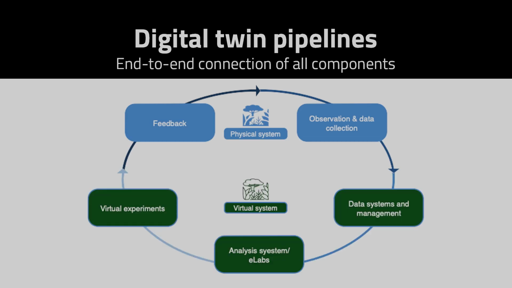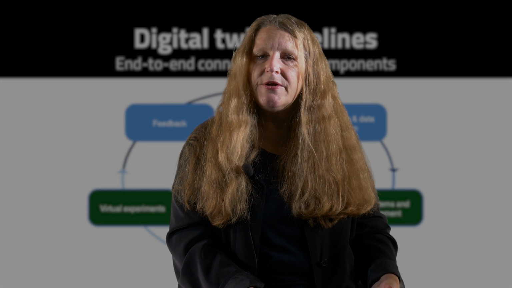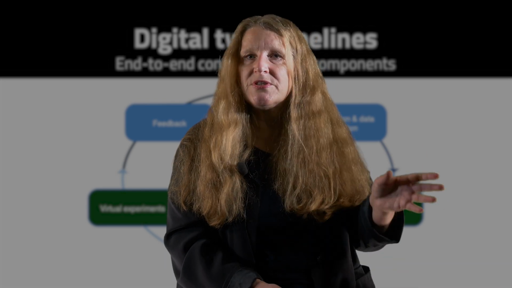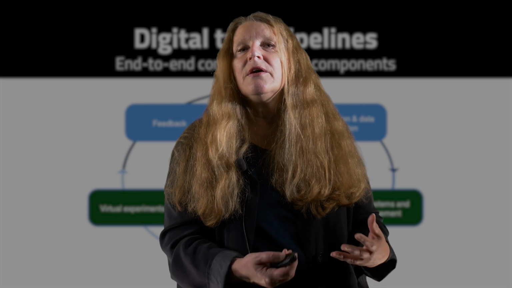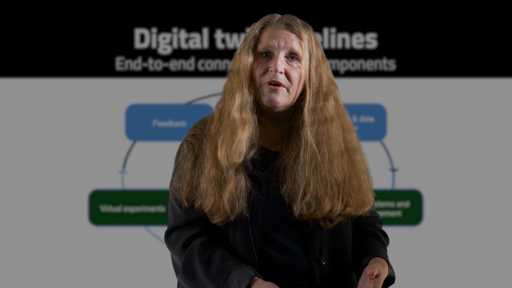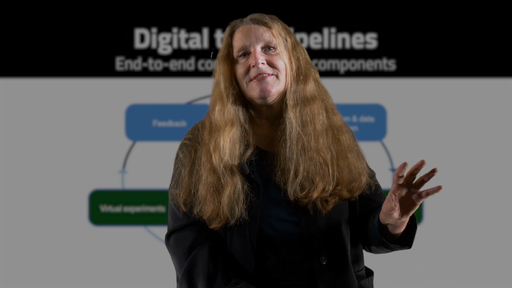Now, let's look at a couple of examples of data pipelines in digital twins. You see the standard setup. You have observations, you recognize this from the data pipeline, you have observations and collections of data, then you prepare your data in the data system, which consists of several of the steps in the data pipeline. You have then the analytic systems, and then you can actually play with your data.